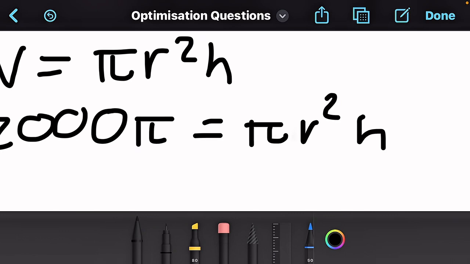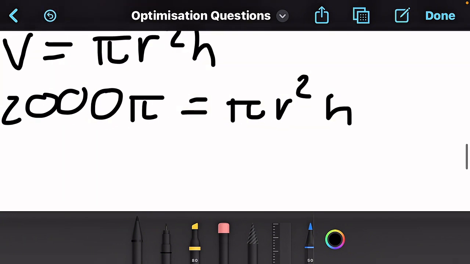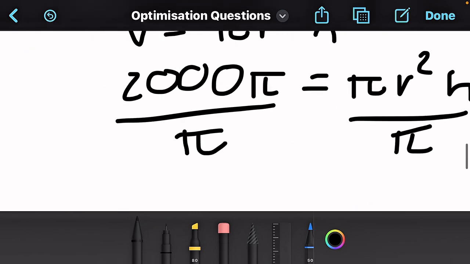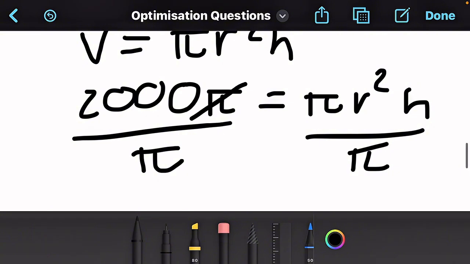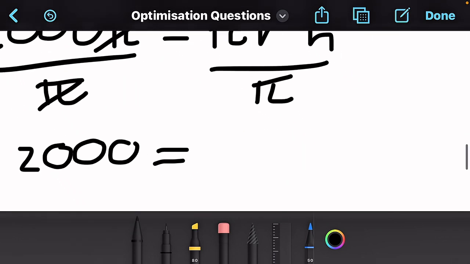And then we can see there is a common variable, which is pi. So we can divide by pi, so that these two can cancel. Then we're left with 2000 is equal to r squared h.